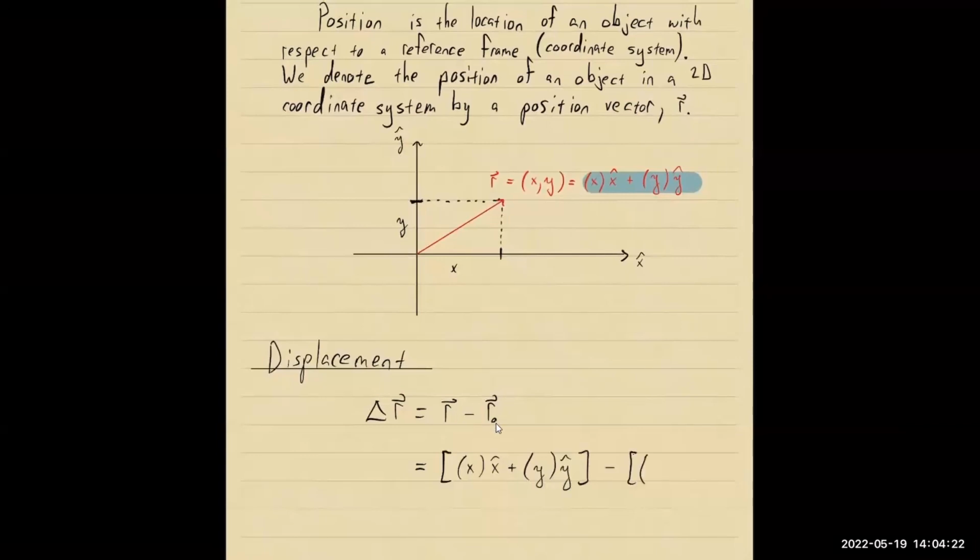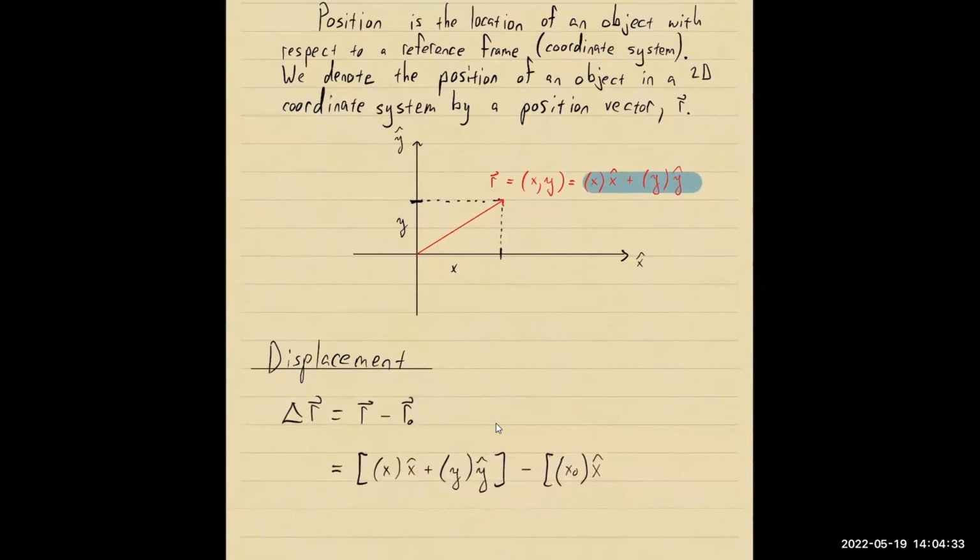So that is going to have some amount x naught in the x direction. So our position vector r naught, our initial position vector, has a component x naught in the x direction plus y naught in the y direction.